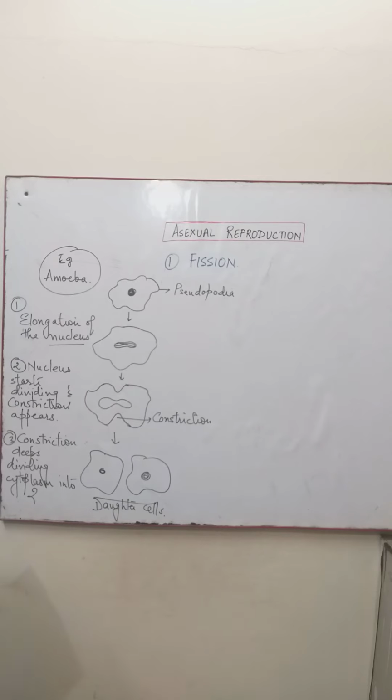In the case of multiple fission, one parent organism divides into many new organisms, and it normally happens during unfavorable conditions in which the organism will continue to divide. An example is Plasmodium vivax. The organism continues to divide during the unfavorable condition and a tough coat is produced.